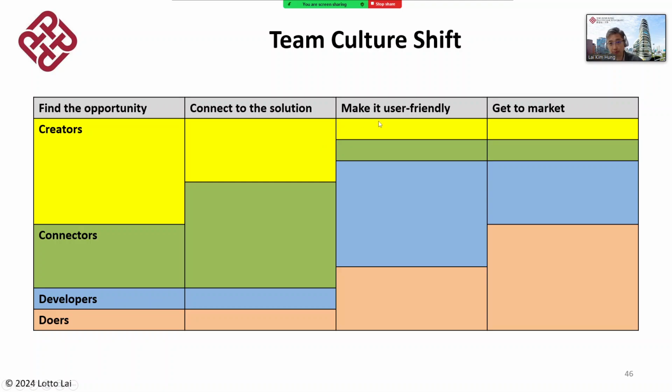However, when we make it more user-friendly, the developer is dominant, and then the doer is involved. At the end, going to the market, the doer is dominant, and then the developer. Creator and connector have less role.